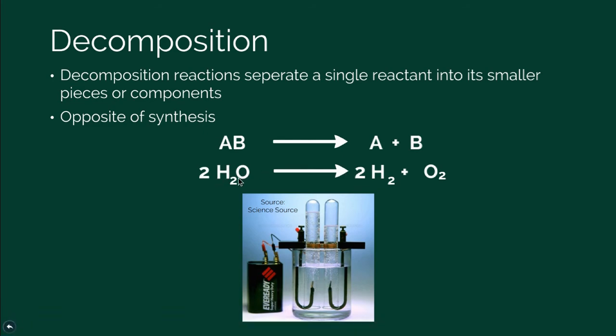So if you can imagine down at the molecular level, we have water molecules here that are being split. Their chemical bonds are being broken from each other, and they're splitting into the individual elements. Here we have hydrogen gas as well as oxygen gas being collected in these tubes that are set into the whole experiment.